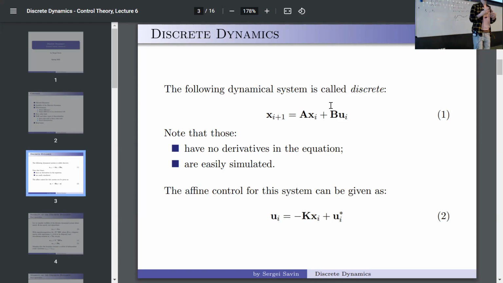This doesn't look like a differential equation, and indeed, we sometimes call it a difference equation. But I don't think introducing a term like difference equation clarifies anything, though maybe at the end of the lecture you'll see where it comes from. So it is algebraic. Algebraic is kind of nicer than differential, right?